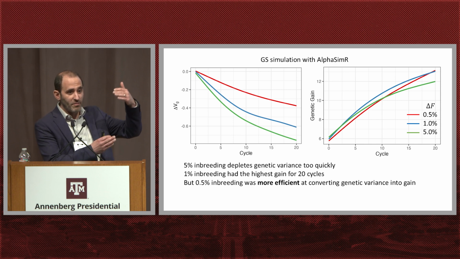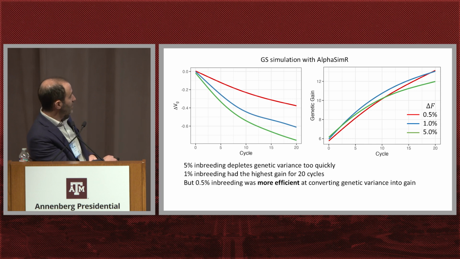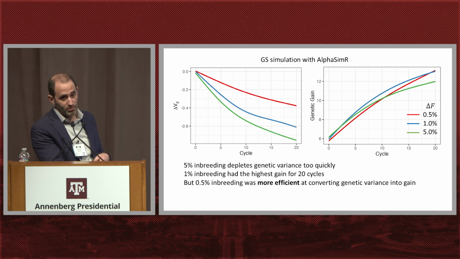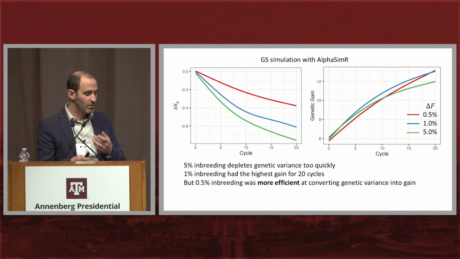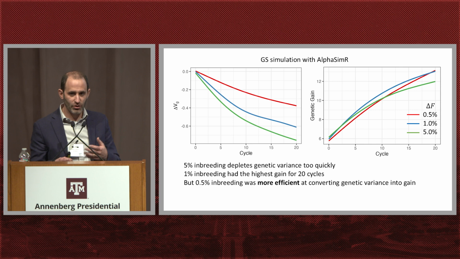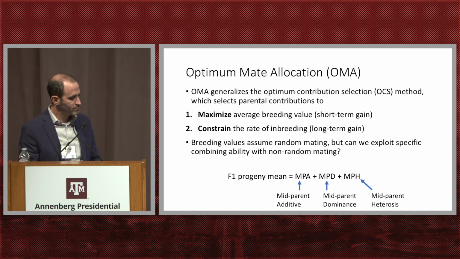And now the 0.5% is about to overtake it. You can see the trajectories, and that's because less genetic variance has been consumed under the 0.5% inbreeding rate scenario, right? So you can't say for sure which is the best depending upon your time horizon, but somewhere in that 0.5 to 1% is a good rule of thumb to be thinking about as a breeder.